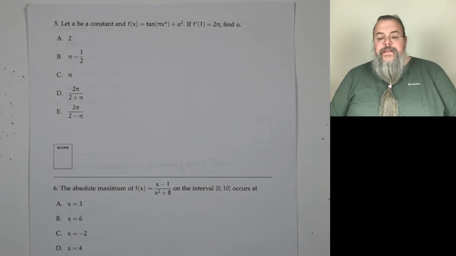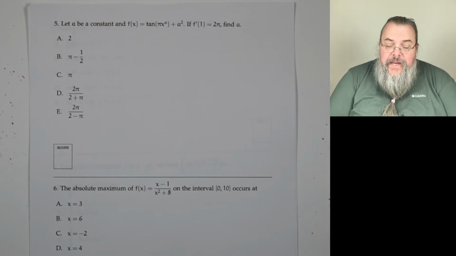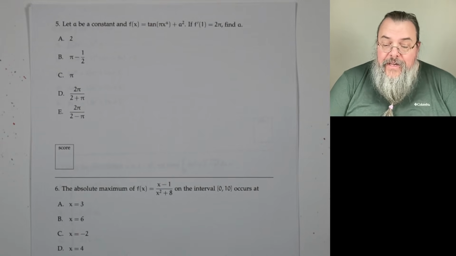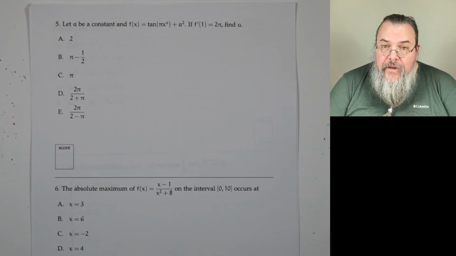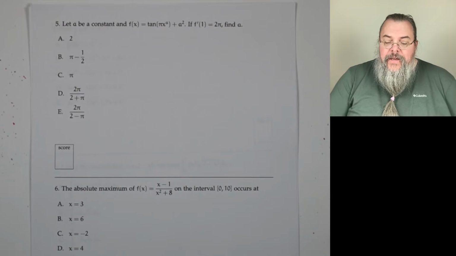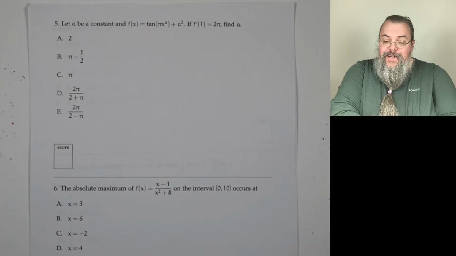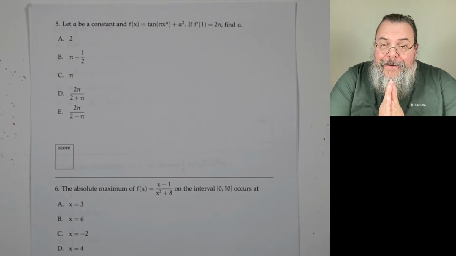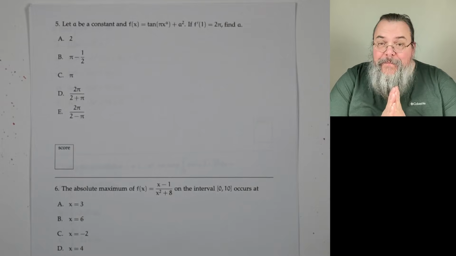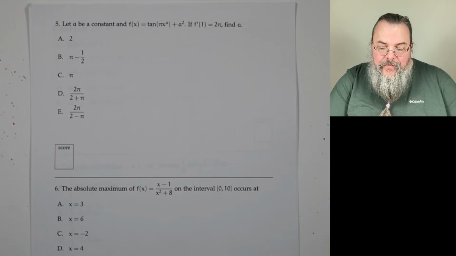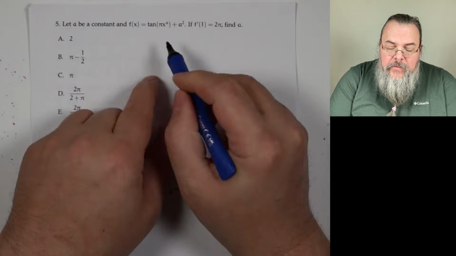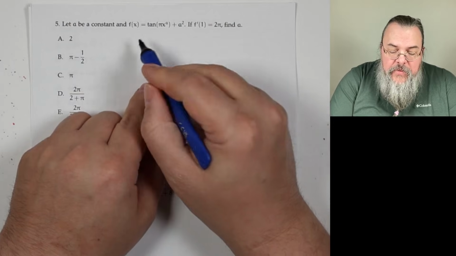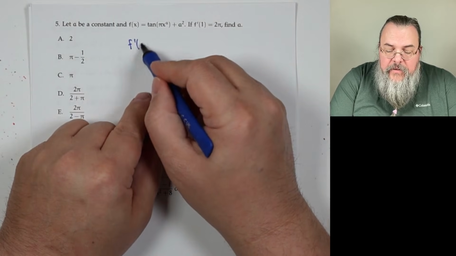Let a be a constant, and f of x is tangent of pi x to the a plus a squared. If f prime of 1 equals 2 pi, find a. All right, let's think about this. What do we have? Well, we want to take f prime, so we take the derivative, f prime of x.